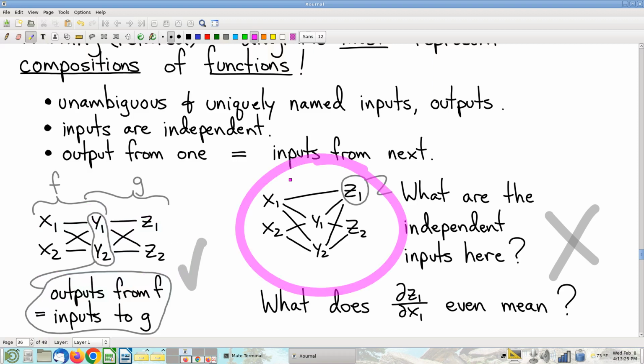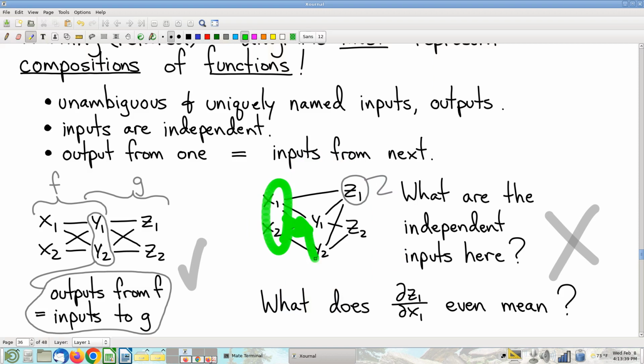This is a mess. Where is the function? And is this actually a composition, strictly speaking? I mean, here's what I think might be the closest shot you might consider. You might think of this going to there as being the first function. The x's are the ins, the y's are the outs. But then maybe you want to think of these as being your eventual outputs, but notice Z1 and Z2 are not just functions of y1 and y2.